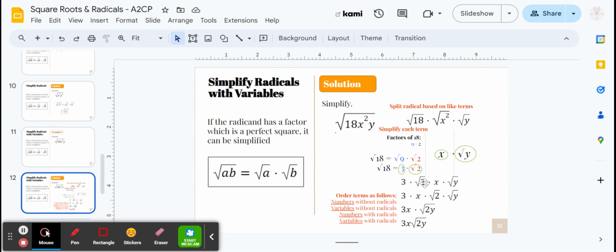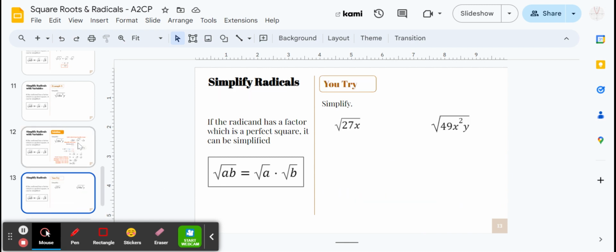So we have square root of 2 here, and we know the square root of x squared is x times that x. And we know that square root of y cannot be broken down, so we left that as square root of y. So putting all this together, 3 times x is 3x. And then we'll put this square root of 2 and square root of y together. So it becomes 3x times square root of 2y.